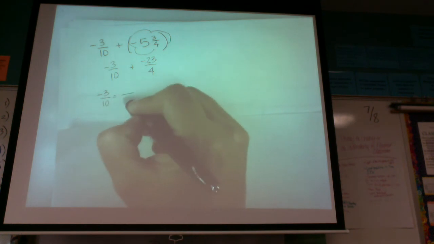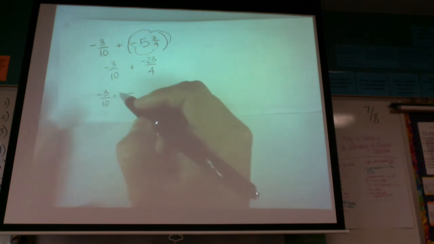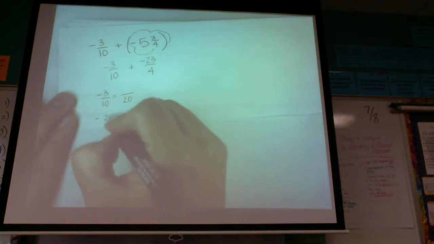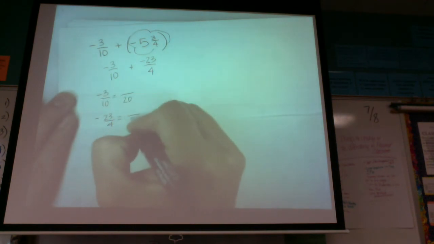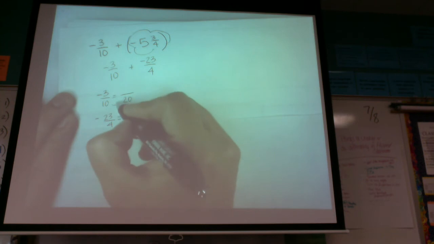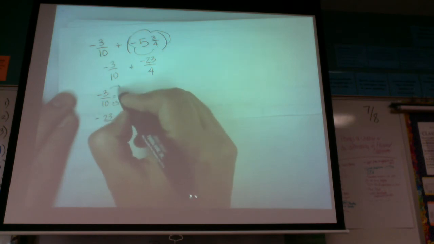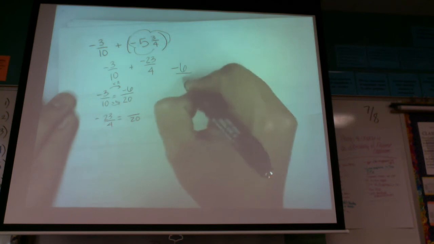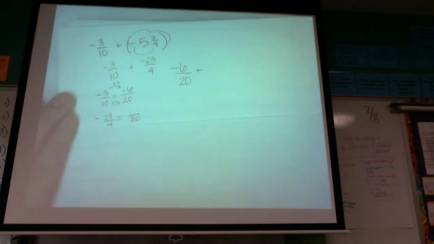And notice I still write all of this out because the hardest part with these kinds of ones is just your organization. So 10 times 2 is 20, so -3 times 2 is -6. So I'm going to have -6/20ths plus -23/4.